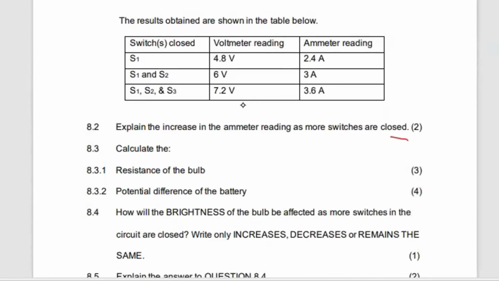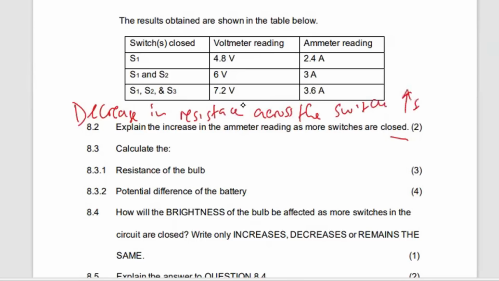So we can say that a decrease in the resistance across the switches will increase the current. Or from Ohm's law, current is inversely proportional to resistance.